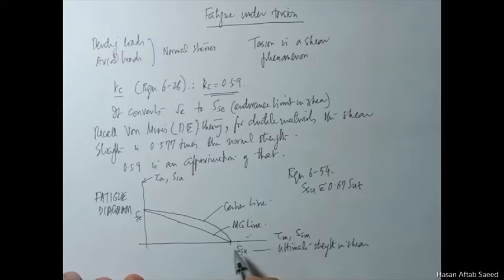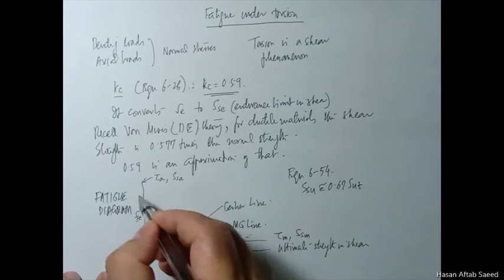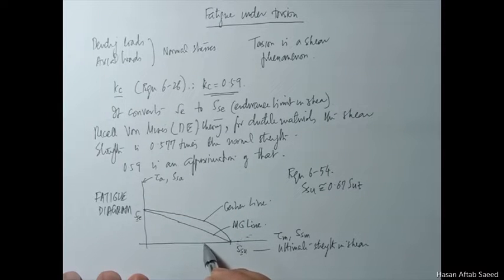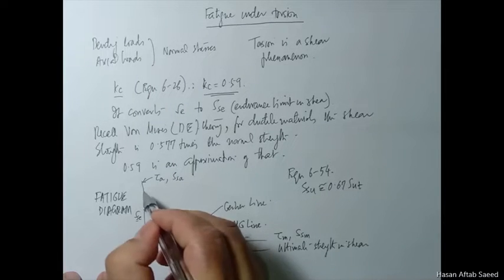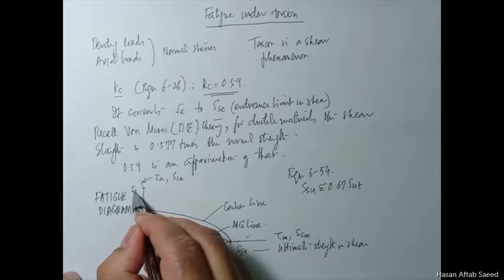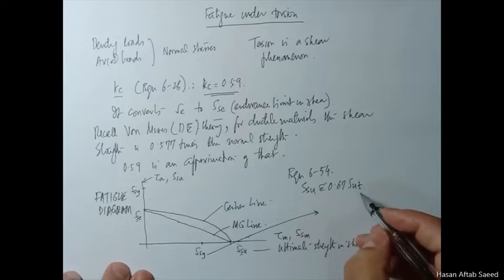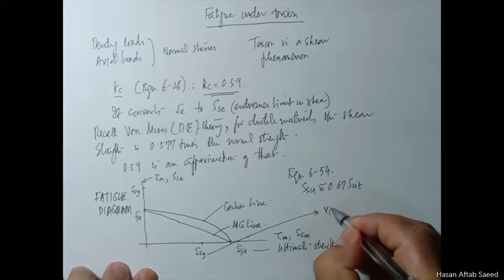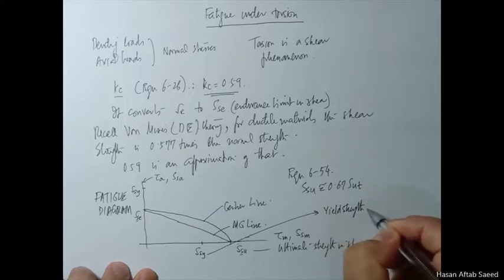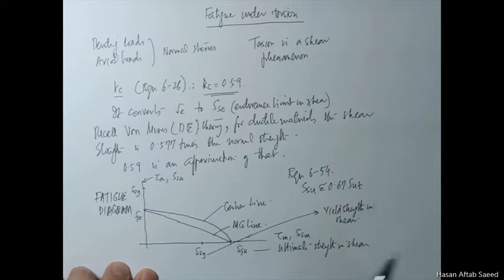So now here also we would assume that it's reasonable to extend this whole thought, that instead of SY joining with SY, the two quantities that we have to join are not SY but SSY. And SSY is nothing but yield strength in shear, because SY is the yield strength of the material, but that is normal stress.